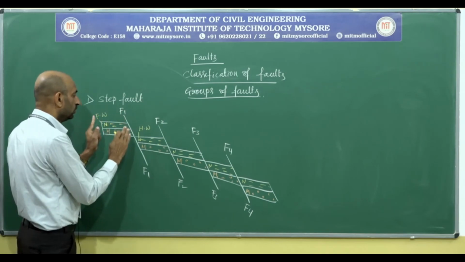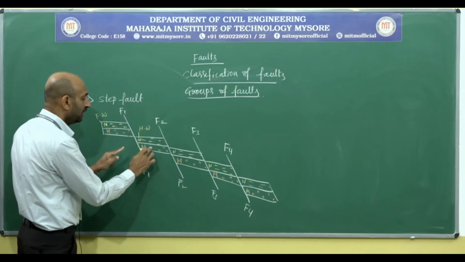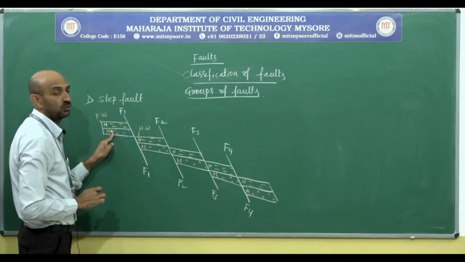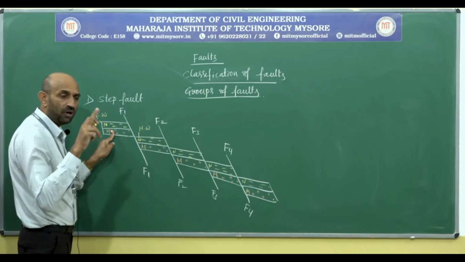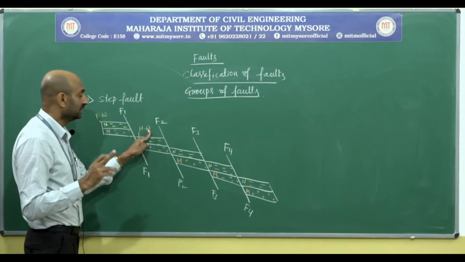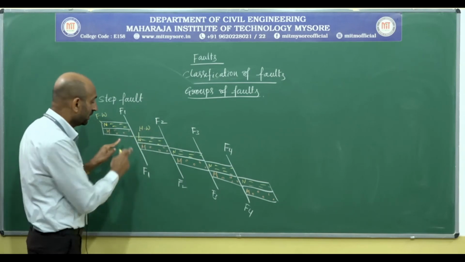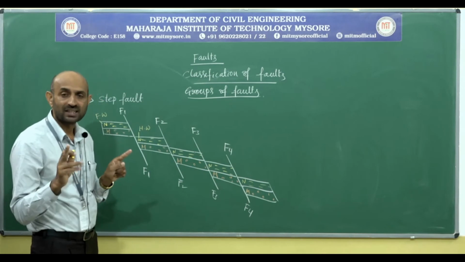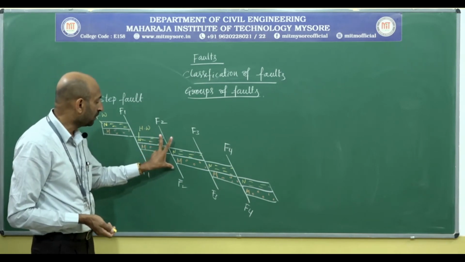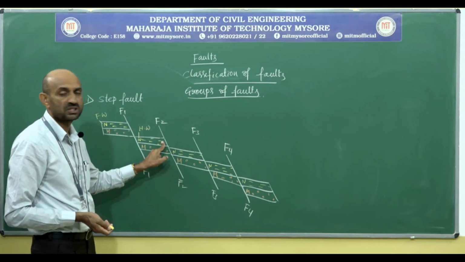When we study with reference to fault plane 1, definitely this block becomes hanging wall, this block becomes foot wall. The fault in which the hanging wall becomes the down thrown block is called normal fault. Here, a series of normal faults can be seen. When we consider the F2 fault plane, this becomes the hanging wall, this becomes the foot wall.